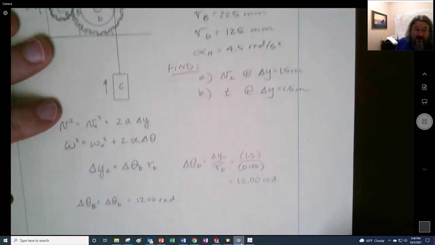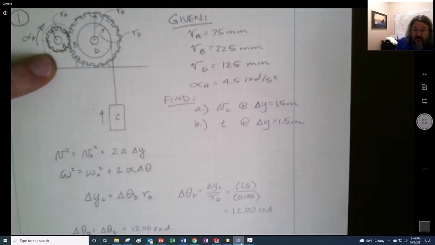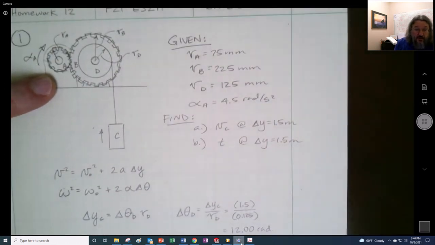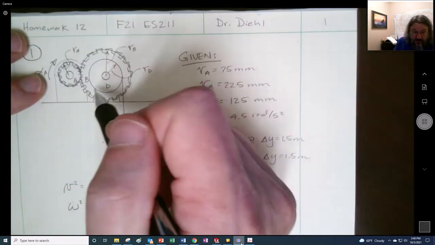Now I want to figure out how many radians has transpired here on A. That's just going to be the linear distance.